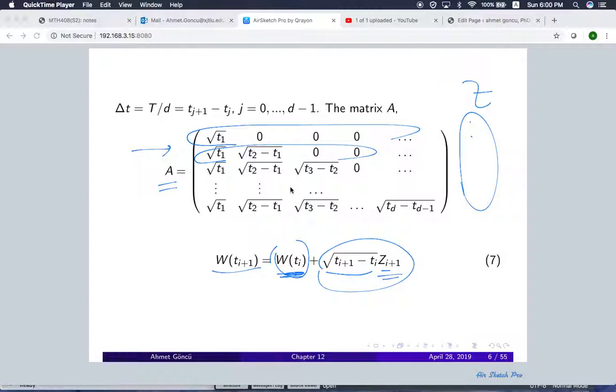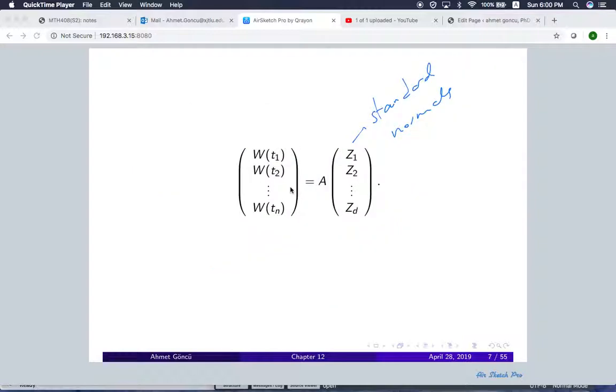Okay, so we can see that this method is going to help us simulate the Brownian motion paths, which we will do using the Monte Carlo simulation. And we can also do this whole operation using just linear algebra.